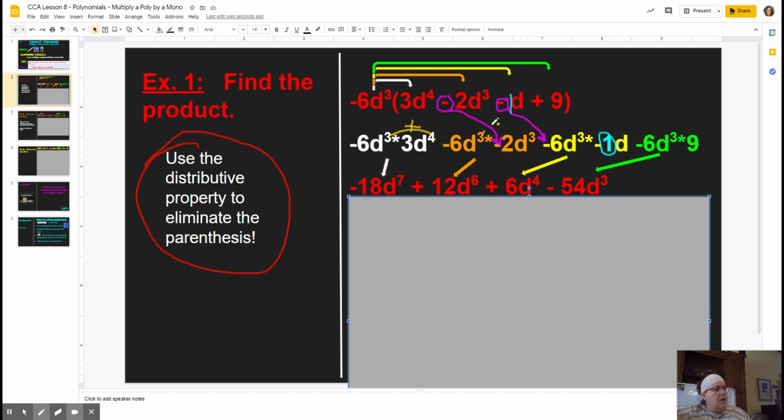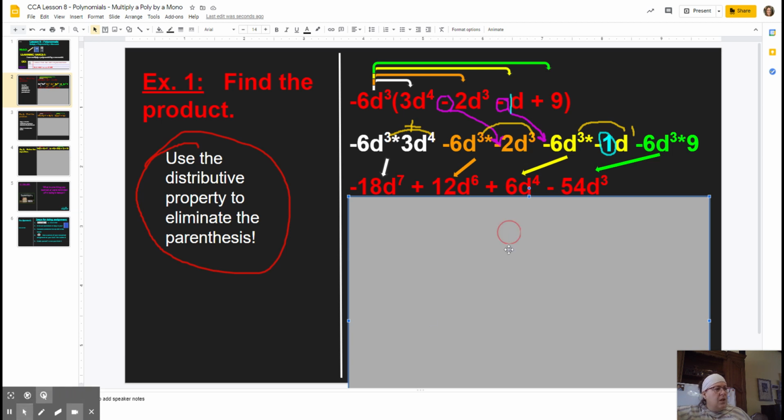And I'm going to do 3 plus 3, which gave me the 6. And 3 plus, there's not one there. Remember, there's an imaginary 1 as the exponent there. So that's where the 4 is. And then negative 6 times 9 is negative 54. And then there's no d's with the 9, so that term has the d to the third.